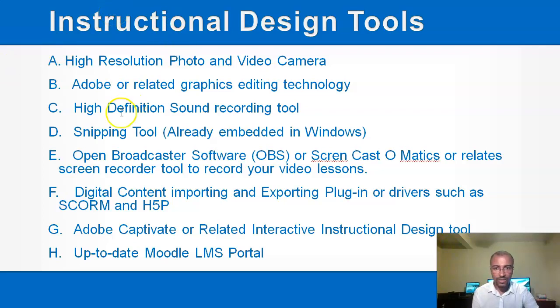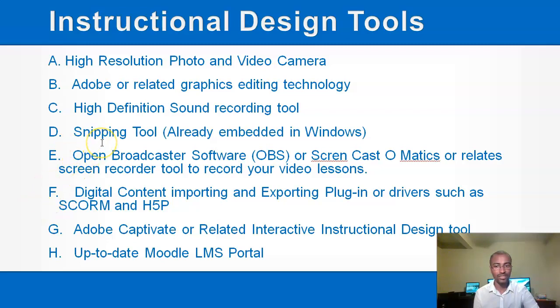So the other one is a snipping tool. A snipping tool is a very nice tool which helps you to take a screenshot of your screen. For example, if you want to show your students something directly from your picture or directly from your website, you need to use a screen snip.